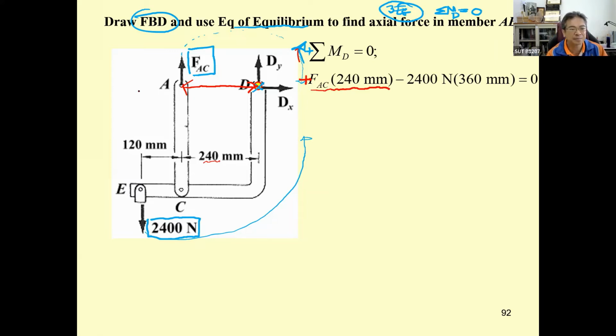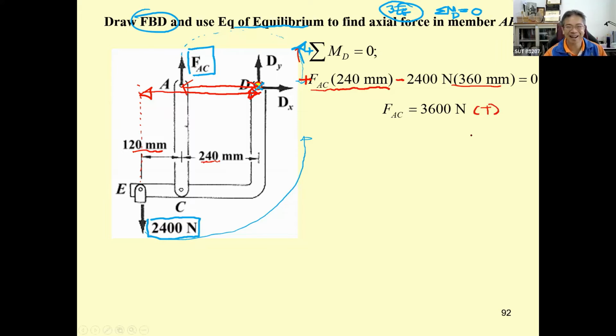And then the moment arm of this 2,400 Newton, which produces the negative moment, is going to be this distance, 360. Now you can determine F sub AC easily, and it's going to be in tension.